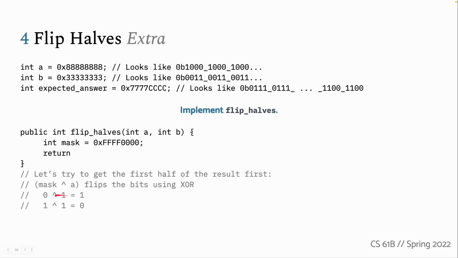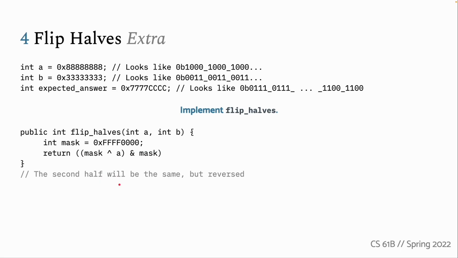It's because 0 XOR 1 is equal to 1, and 1 XOR 1 is equal to 0. So we're going to use this flip, and then we just mask out the second half completely by using AND with this mask we've made. So we have flipped all the bits in the first half, and now we're masking out the second half completely using AND.